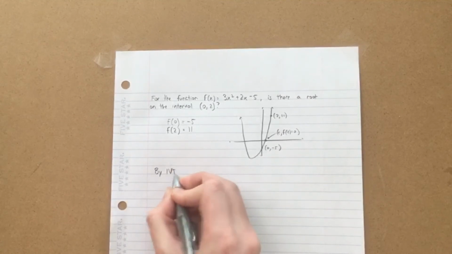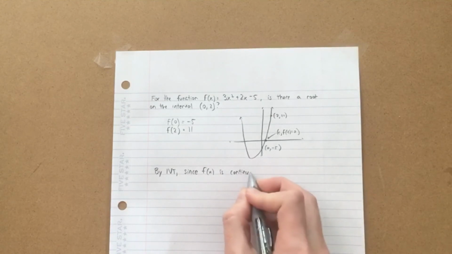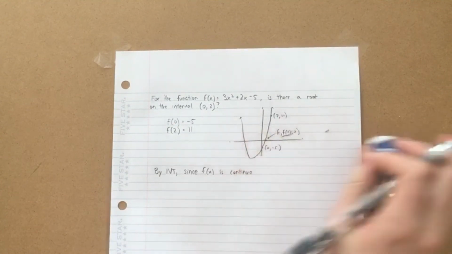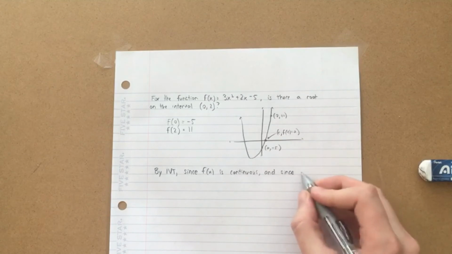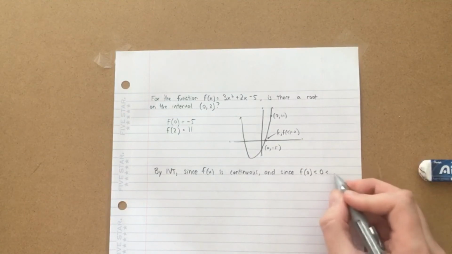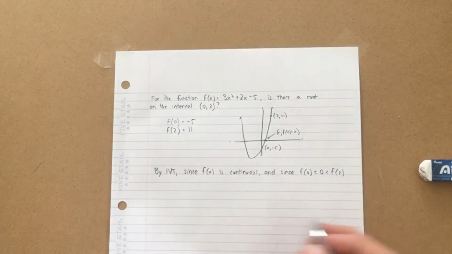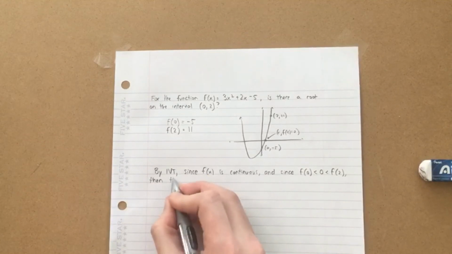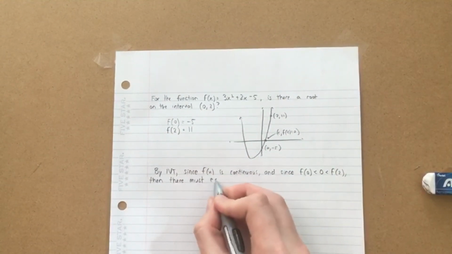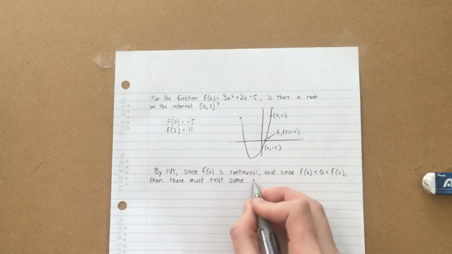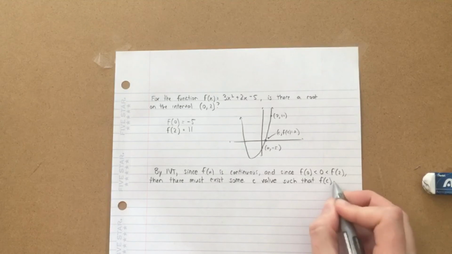By IVT, since f of x is continuous, and since f of 0 is less than 0, which is less than f of 2, right, because we have negative 5, less than 0, and 11, is greater than 0, then there must exist some c value such that f of c equals 0.